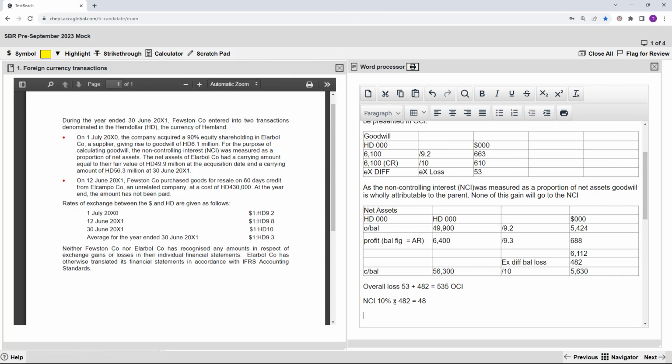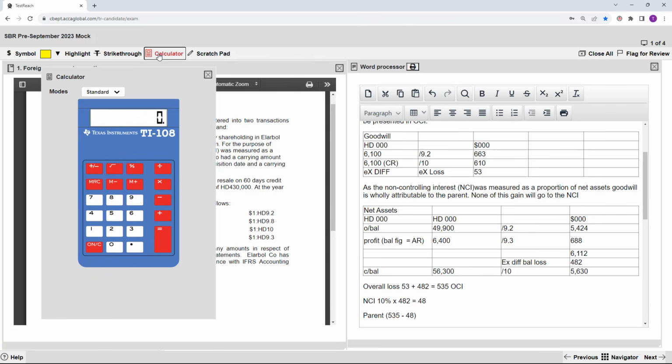And the parent will obviously suffer the difference of the 535 and the 48. Do I want to risk doing that in my head? Perhaps not. So let me put that in a calculator: 535 minus 48 is 487.